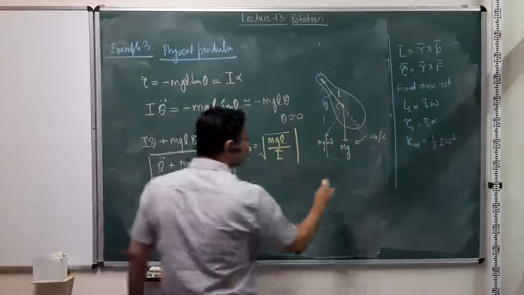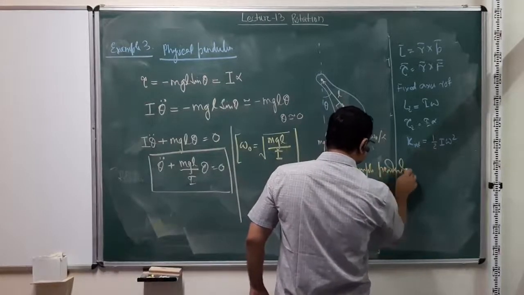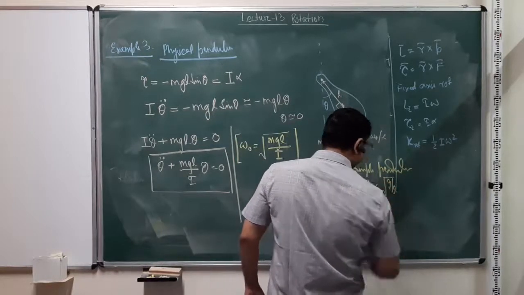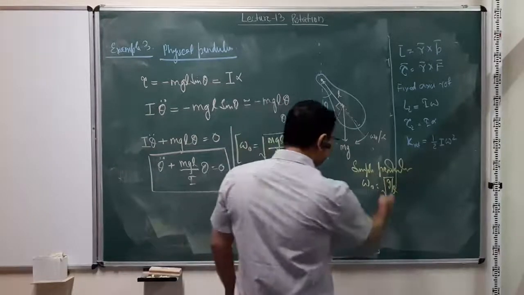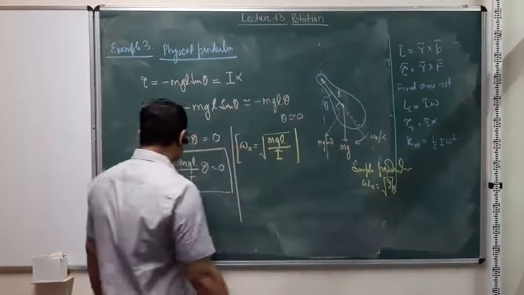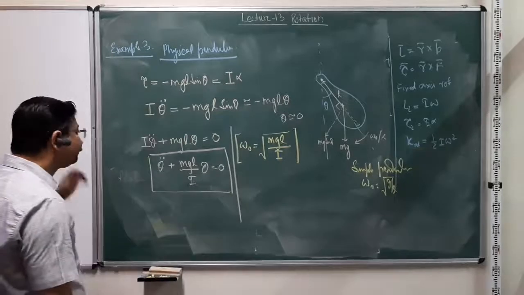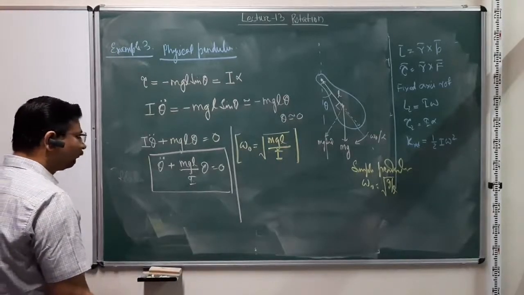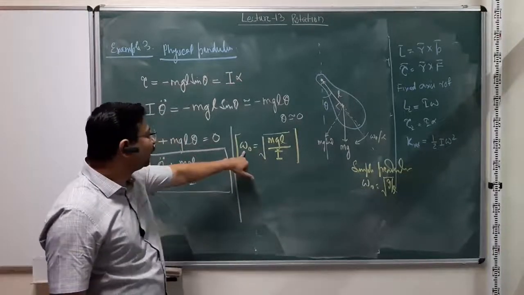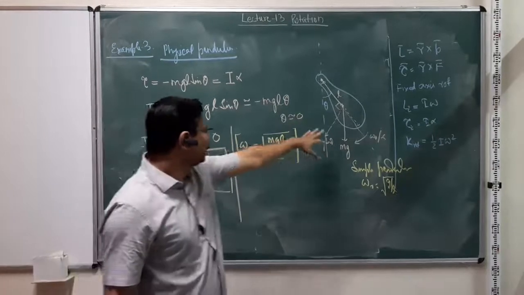In the case of a simple pendulum, omega naught we calculated as the square root of g by L. You can check that. But anyway, we know the angular frequency in the case of a simple pendulum, right? So now this is my natural frequency for a physical pendulum here.